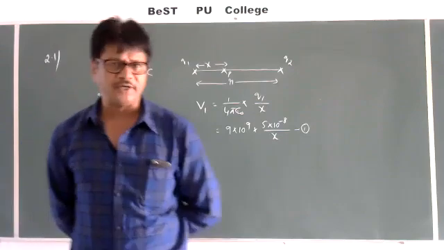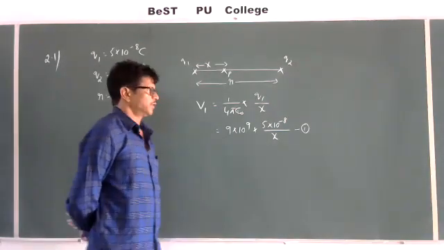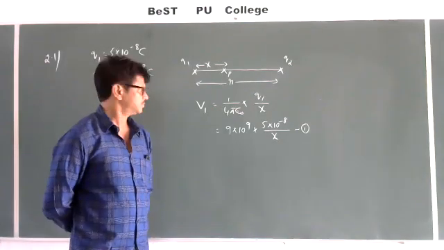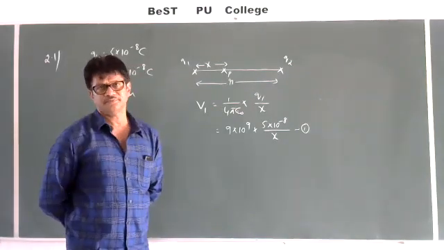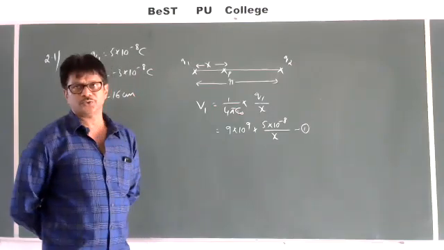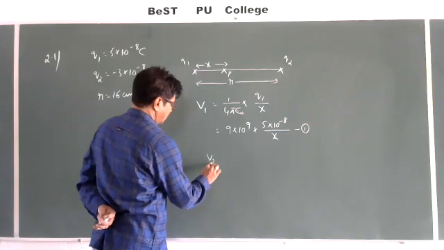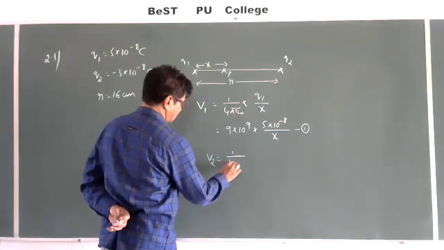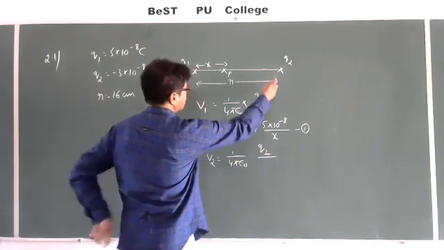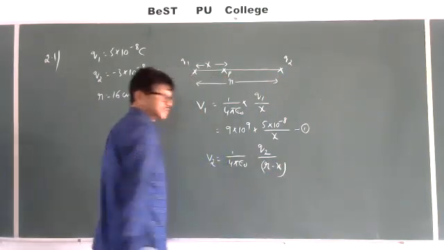Next, let V2 be the potential at P due to the charge Q2. V2 is equal to, again, 1 by 4 pi epsilon naught Q2 by this distance we should take, which is equal to r minus x.